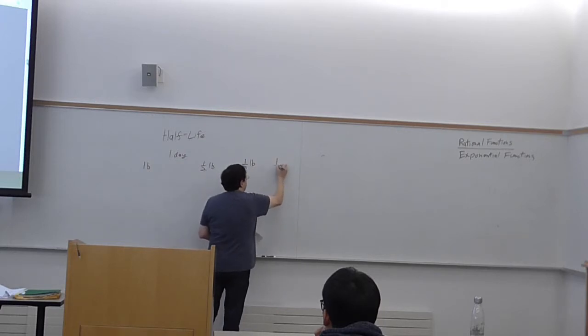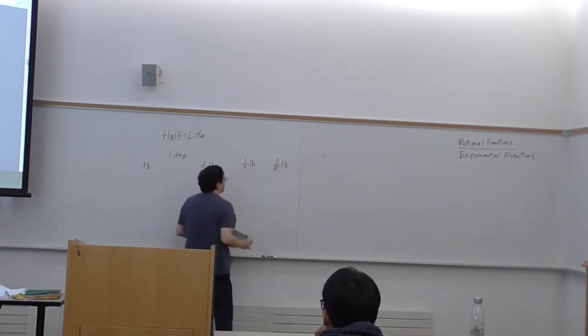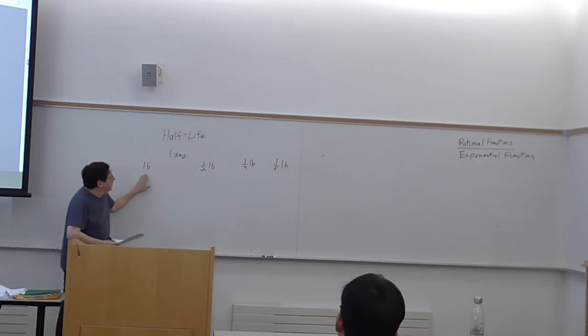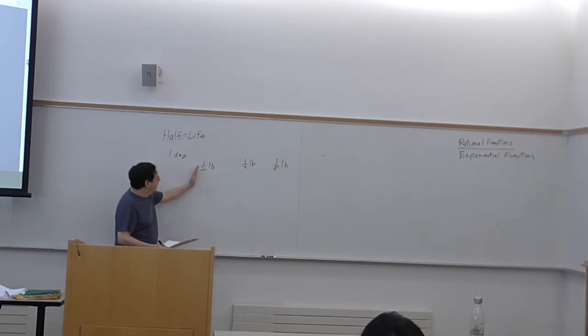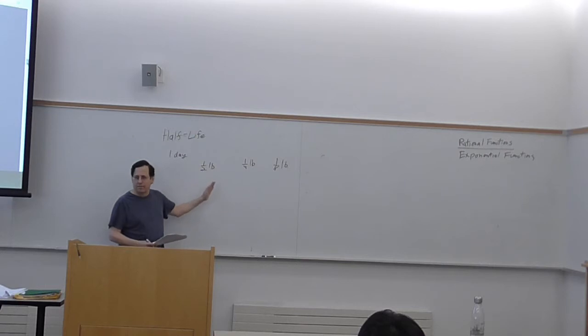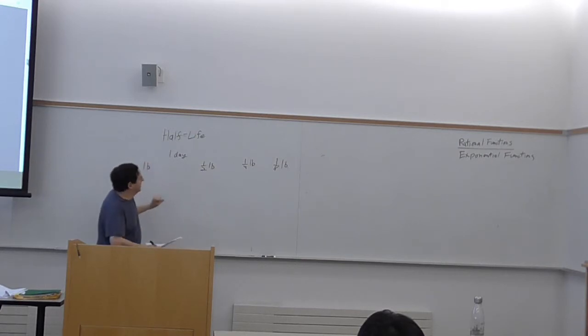And on the next day, an eighth of a pound. The thing you wonder about is, the first half of it decays, right? It knows it's supposed to decay the first day. How does the second half know that it's not supposed to all decay? The magic of nuclear decay.